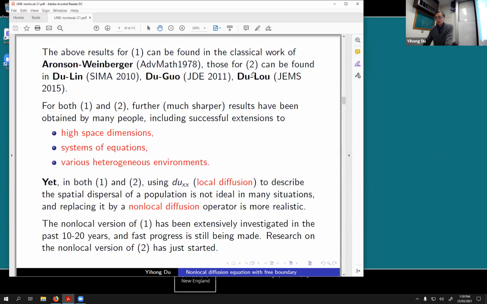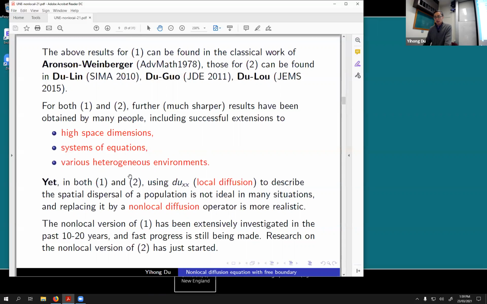Now these problems, equations 1 and 2, where 2 is with free boundary, were both extended to high space dimensions and also to systems of equations and various heterogeneous environmental situations where the equations become more involved. So the parameters change with time and space.